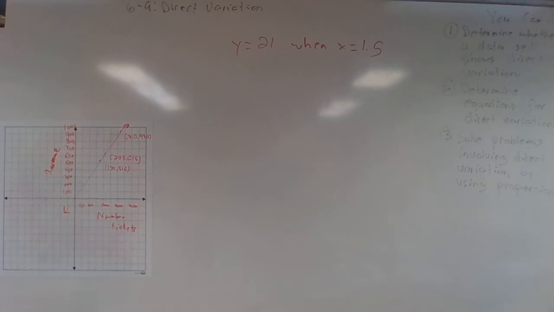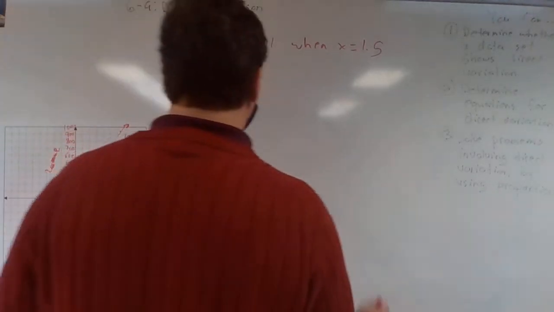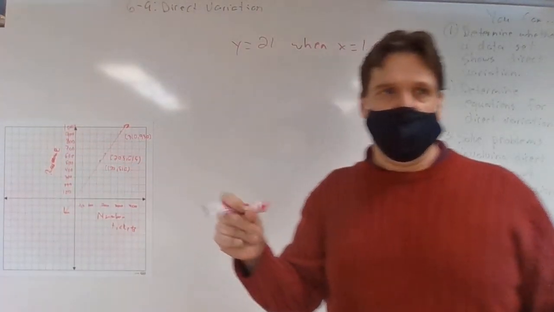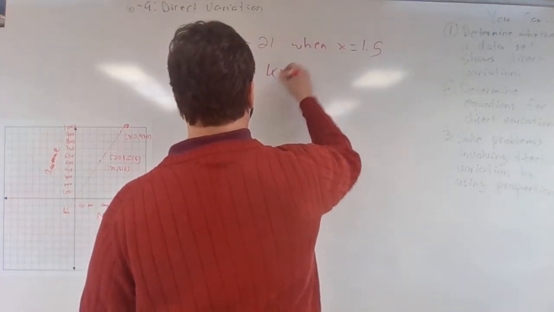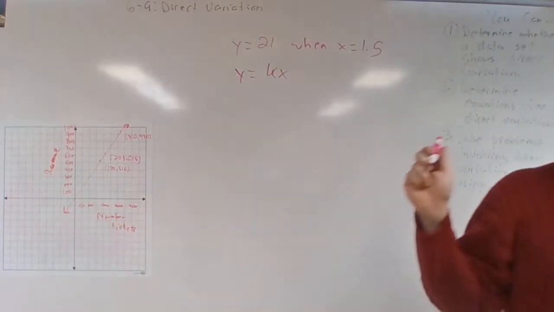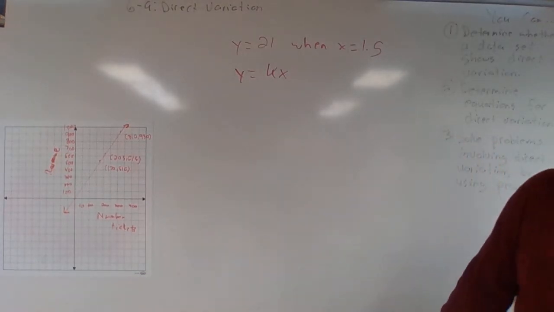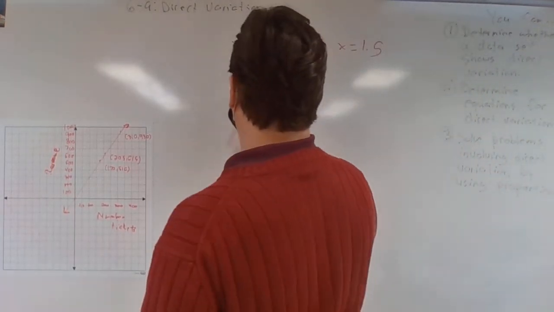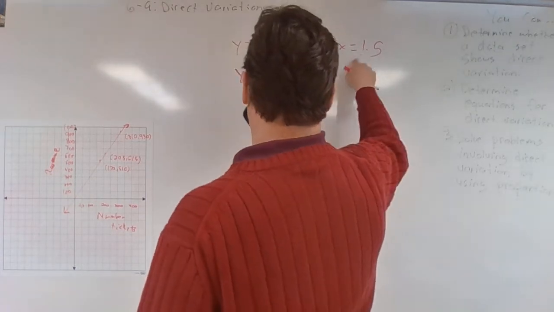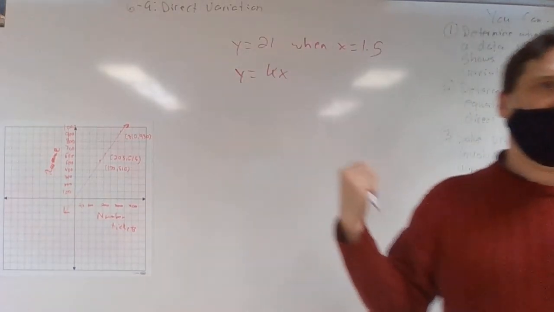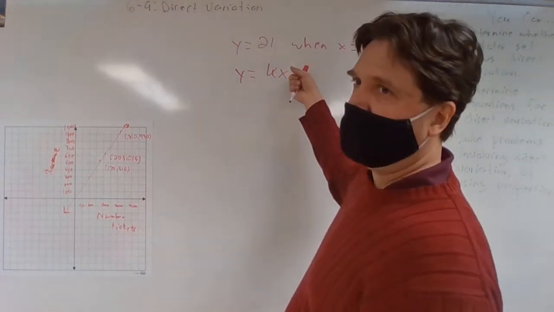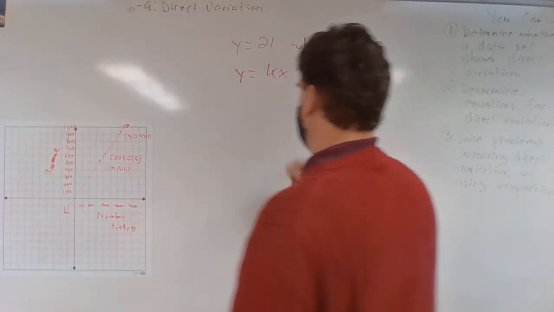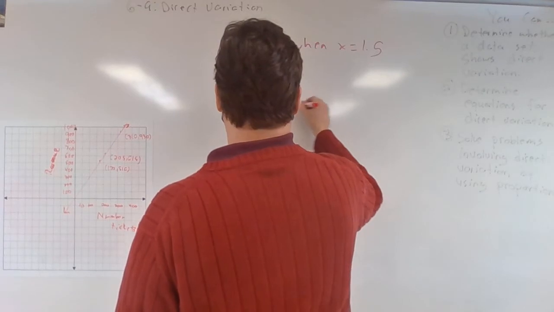All right. So most of you did pretty good. Little slow, but we'll do another one or two. You'll be pros in a second. So there's the format that my equation needs to be written in. But I need to solve for k first because I know y, I know x. Once I know k, this is the format I write my final answer in. So k equals y over x.